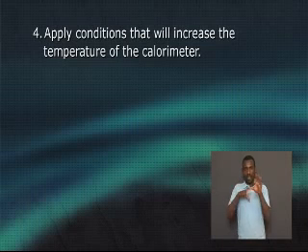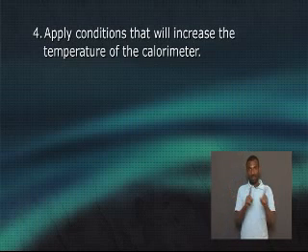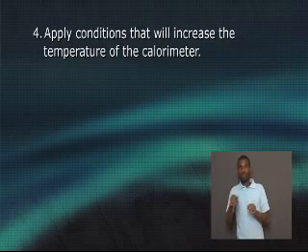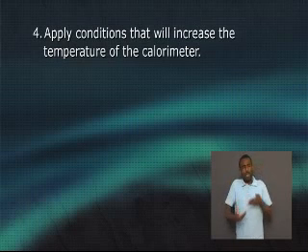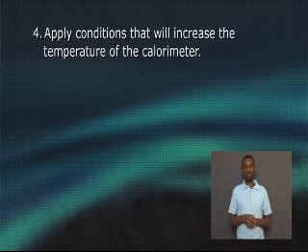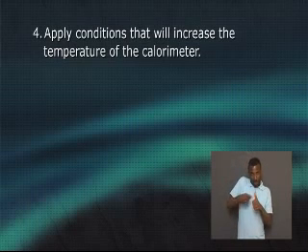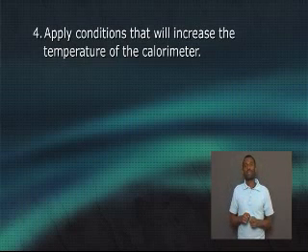Then, we apply conditions that will increase the temperature of the calorimeter. The simplest way that would accurately mirror our first experiment would be to place the calorimeter on a heater.